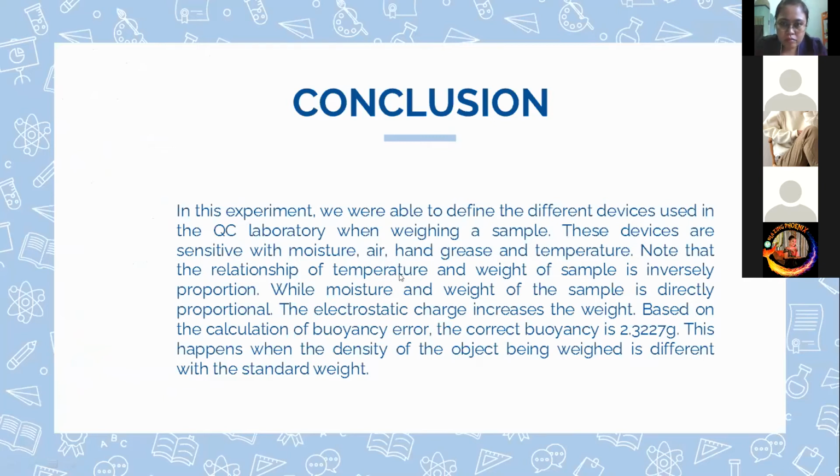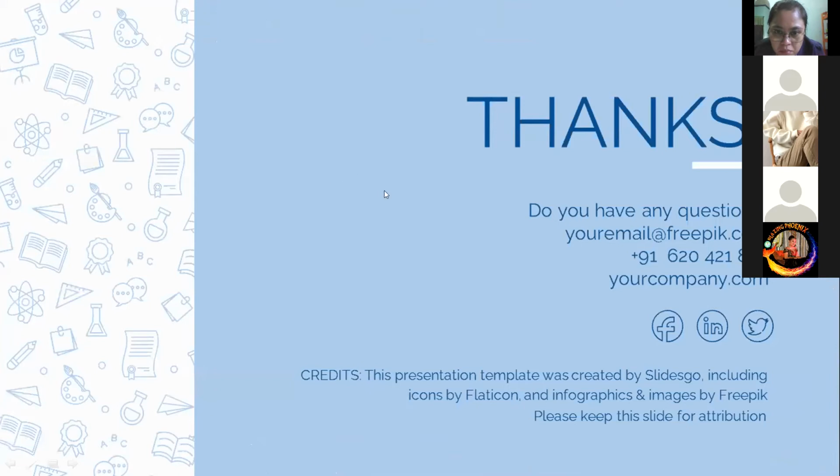Note that the relationship of temperature and weight of the sample is inversely proportional, while moisture and weight of the sample is directly proportional. The electrostatic charge increases the weight. Based on the calculation of buoyancy error, the correct buoyancy is 2.3227 grams. This happens when the density of the object being weighed is different from the standard weight. So that would be all. Thank you.